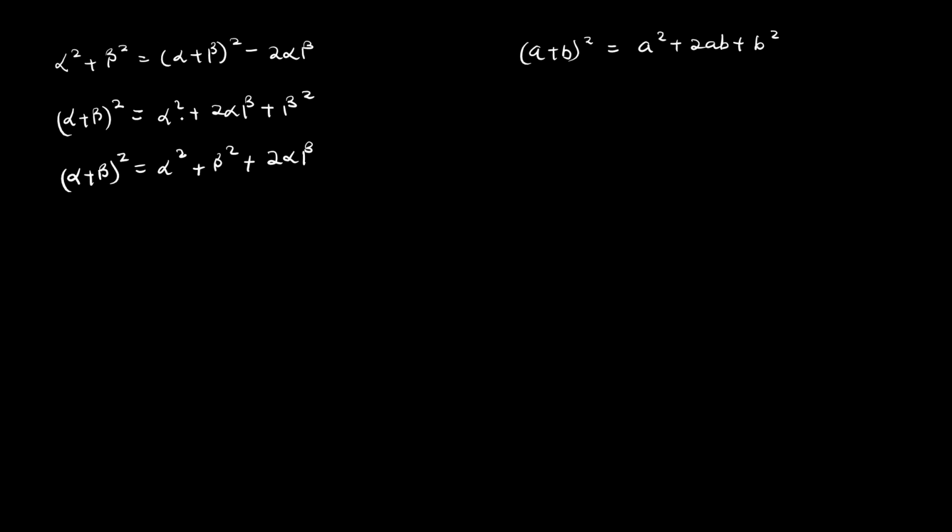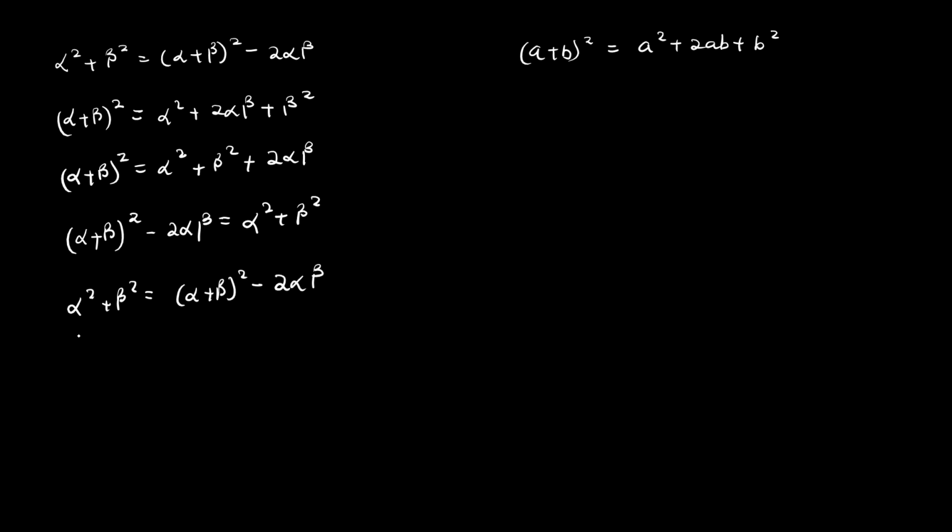So when we bring this one here, it's going to be alpha plus beta all square minus 2 alpha beta is equal to alpha square plus beta square. And with that, we can now make this the subject. So in other words, alpha square plus beta square is equal to alpha plus beta all square minus 2 alpha beta. And so the question gave us this, but this is how we are going to solve it, okay?